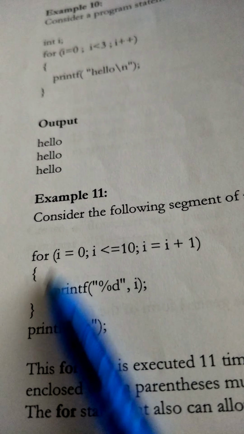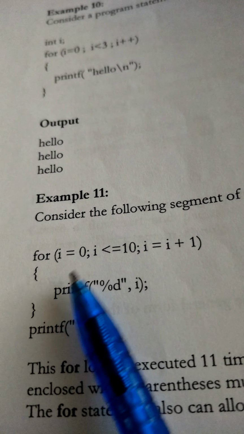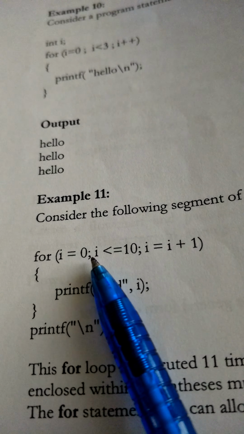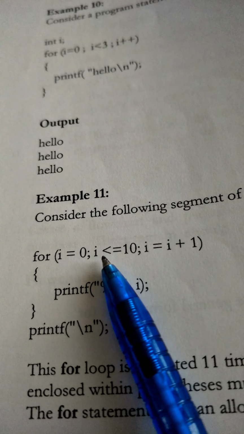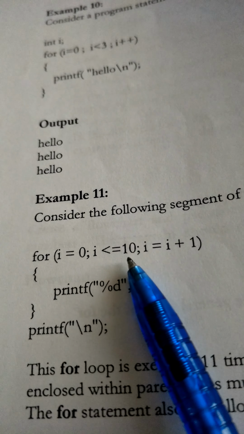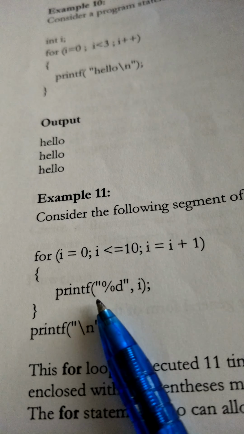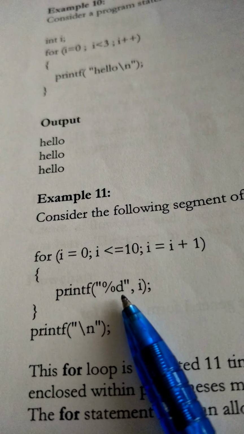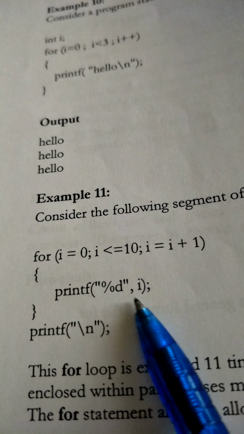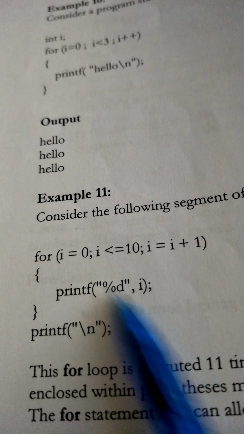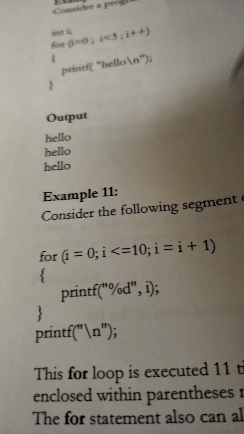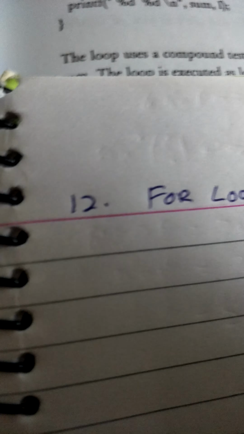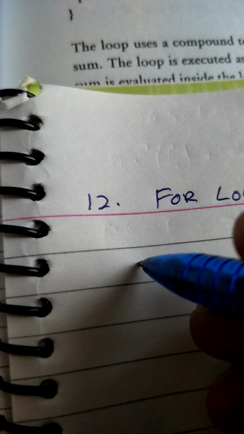Now for this particular example, for I equal to 0, the value of I is 0. 0 is less than or equal to 10, which is true. So it prints I, which is 0. So the output is 0.